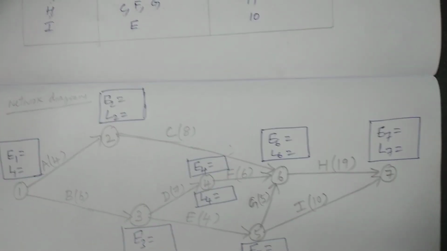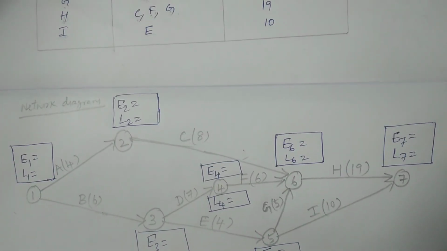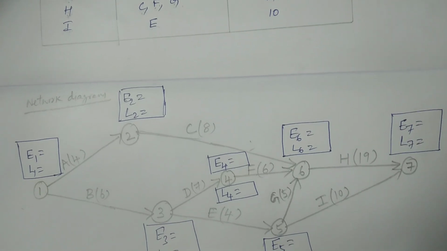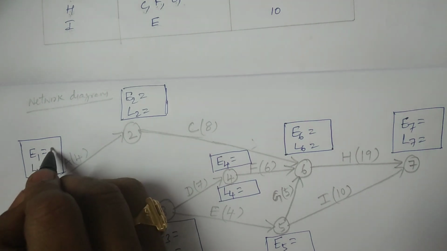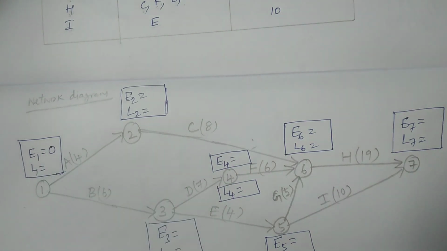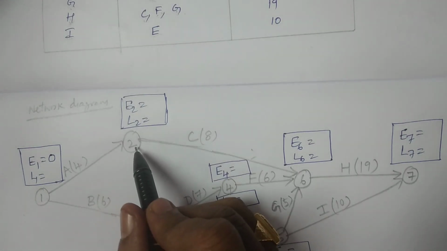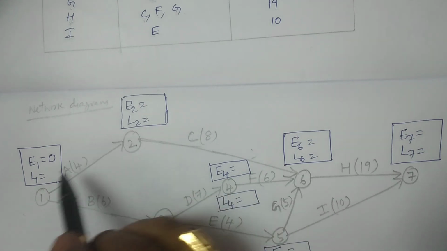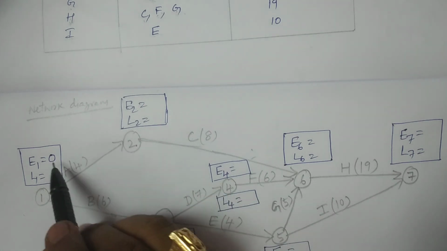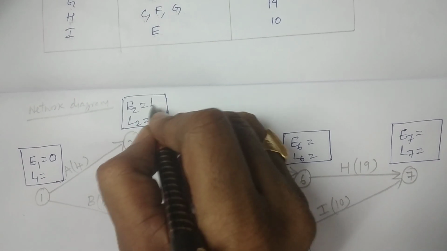Right? Now I start the forward pass calculations. By using forward pass calculations, I calculate the earliest times, E's. For the first event, E1 is equal to 0, and then you go to event 2, calculate E2, only one connector, so 0 plus 4 is equal to 4.